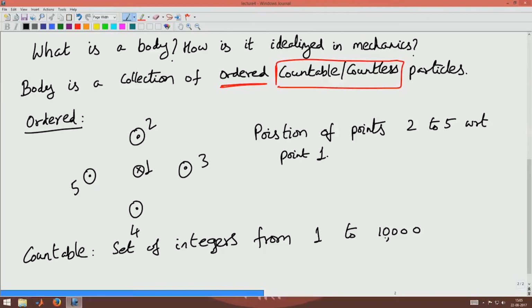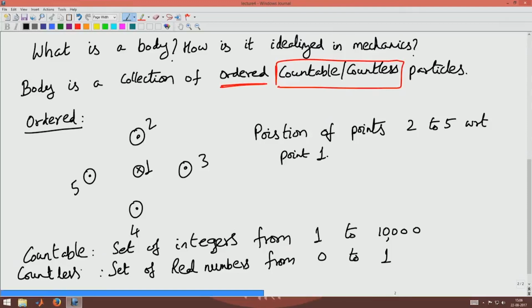You can count the number of integers from 1 to 10,000, but you cannot count the set of real numbers from say 0 to 1. This is an example of a countless set. A set of integers itself is also a countable set, just like the set of real numbers alone is also a countless set.